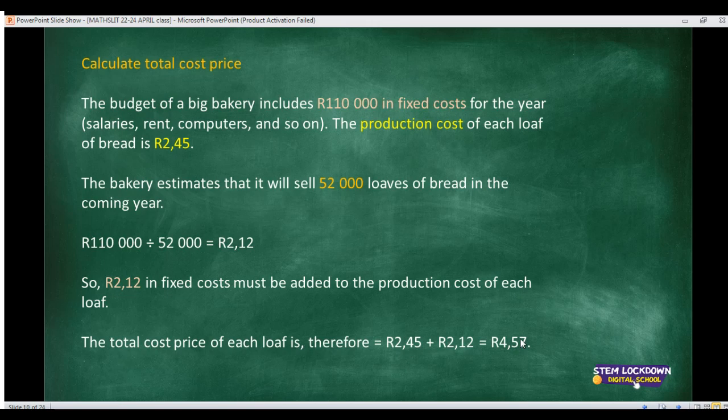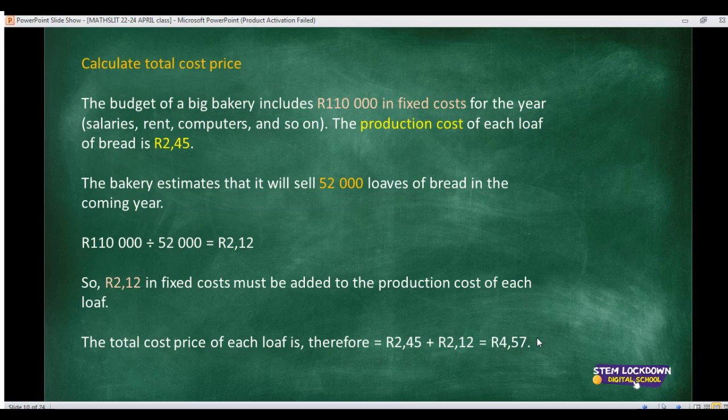Because they had estimated to sell 52,000 loaves in 1 year, it means by the time they have sold 52,000 loaves, so let's say this 4 rand 57 multiplied by the 52,000, a portion of that money is able to cover the fixed costs of the business. That's why I said when you go buy this one loaf of bread, you might only be spending 4 rand 57 cents, but you are contributing to paying the people's salaries there.